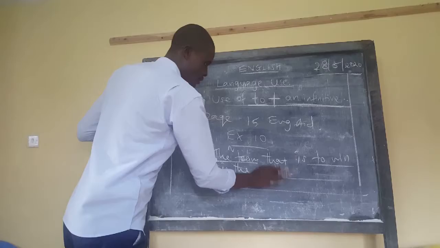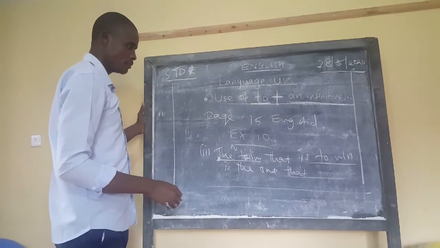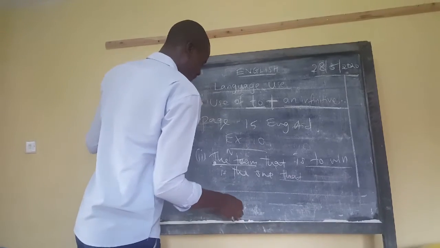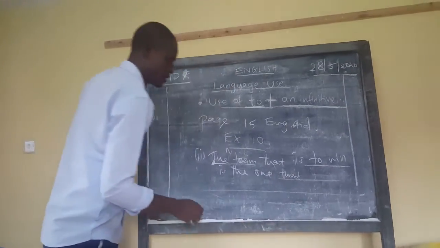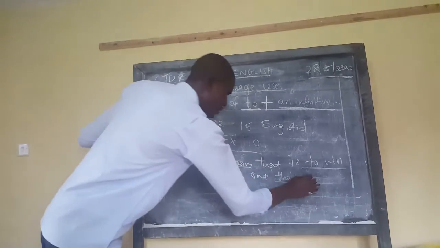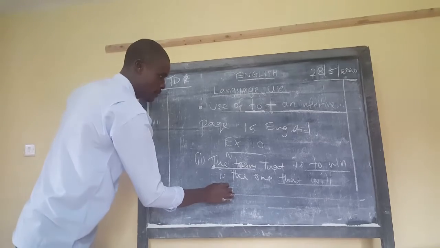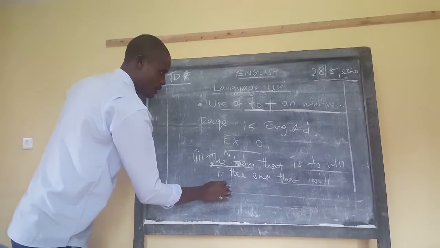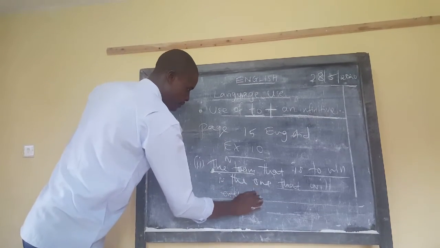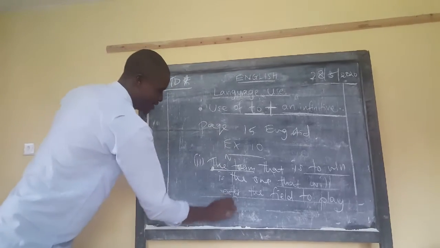Is the one that, you can add. The team that is to win is the one that will enter the field to play first.